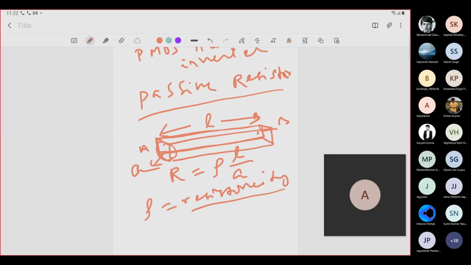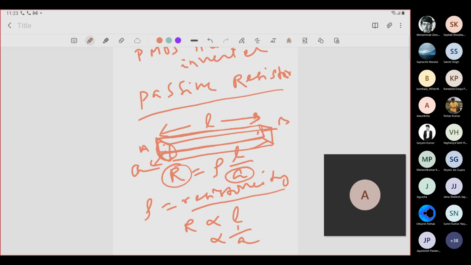What is available to you to get a desired resistance is a particular length of the resistor, that metal layer or silicon layer, and a particular cross-sectional area. If you increase the length of the silicon layer, the resistance will increase. R is proportional to L and inversely proportional to a.